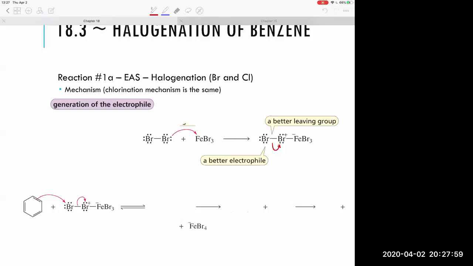Okay, everybody take a second and draw me the other product I'm going to get in this reaction step here. My other intermediate.